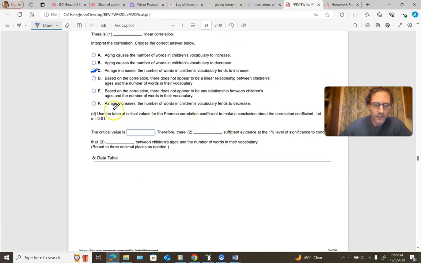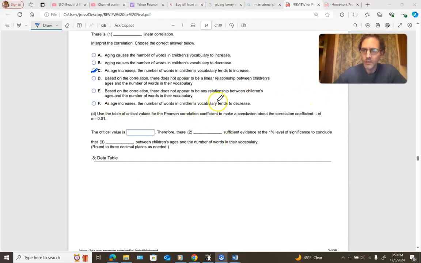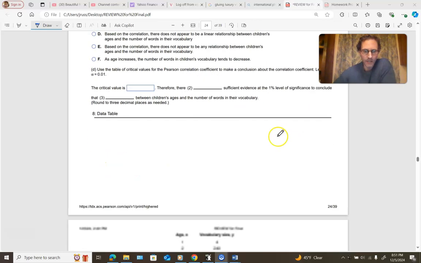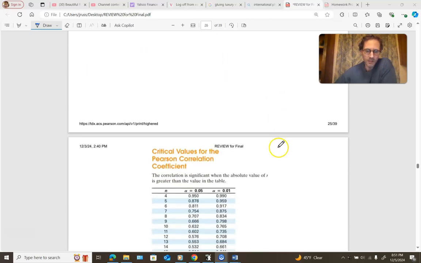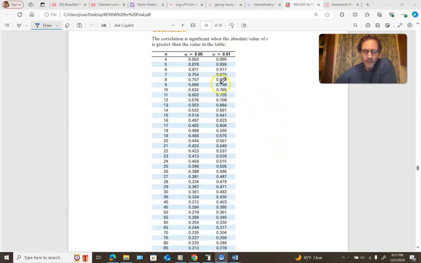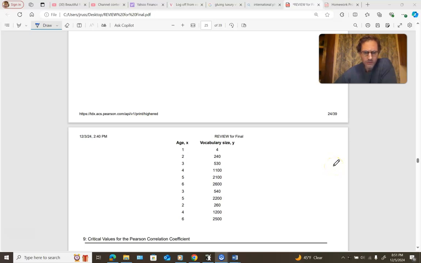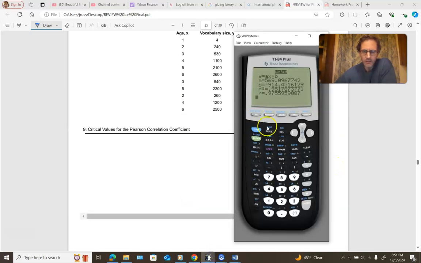And then for part D, we want to determine is this significant. So the critical value is, so what we have to do is look at that Pearson correlation coefficient chart. And the significance level is 1%, or alpha is 0.01. So let's come down here and look at this. Well, here it is in this column. Our sample size, well, I think it was 12, if I'm not mistaken. Let me look back here at my list.